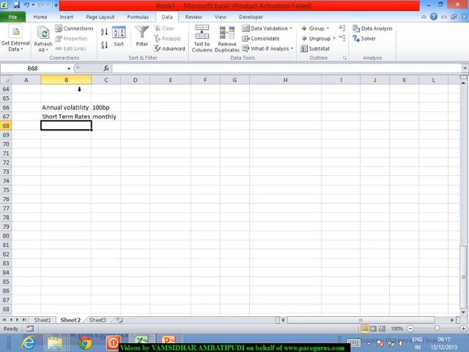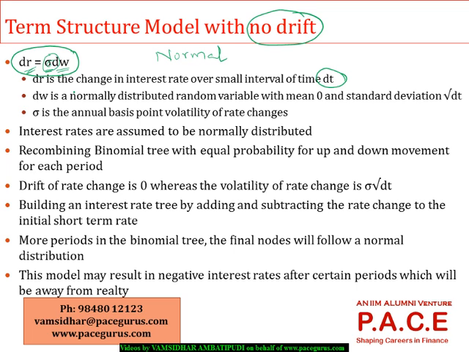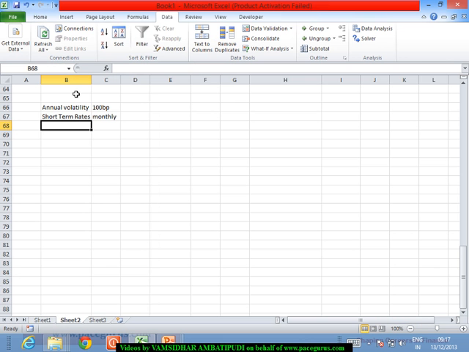First I need to know the sigma. As far as this model is concerned, the sigma is 100 basis points, or 1%.